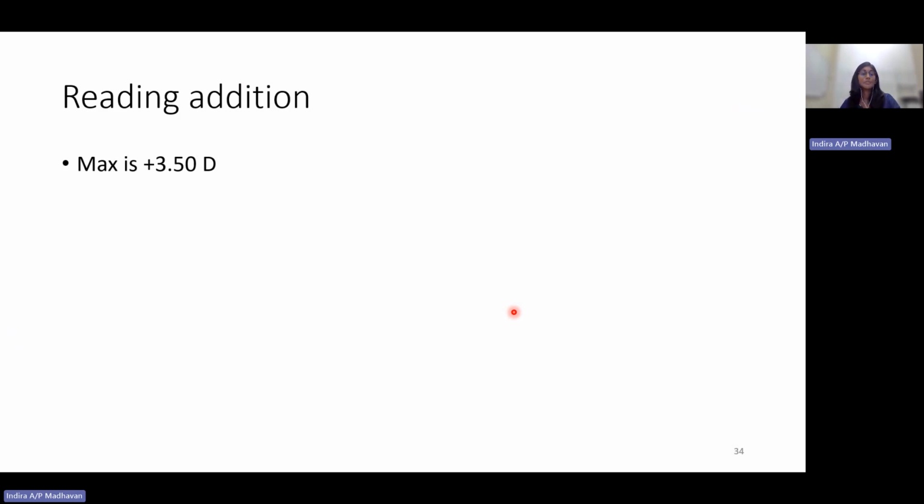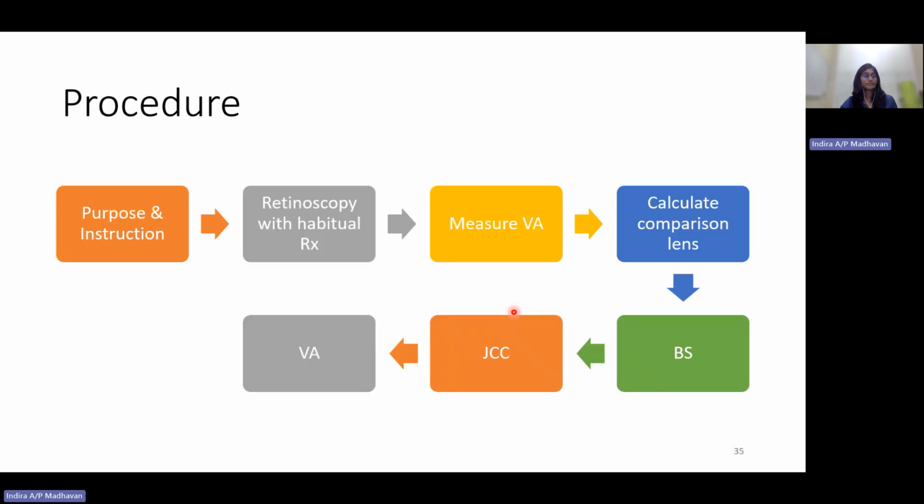There is no proper way, like NRA, PRA, or age-related, it doesn't work because the patient can be a young patient who is only 2 years old, 3 years old, up to the age of 60s, 70s, and 80s. So that's how we do the reading addition.